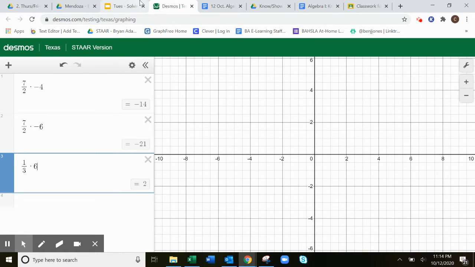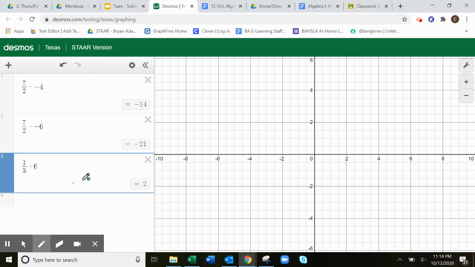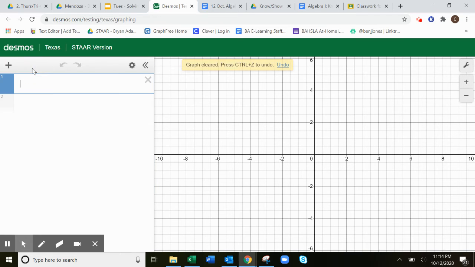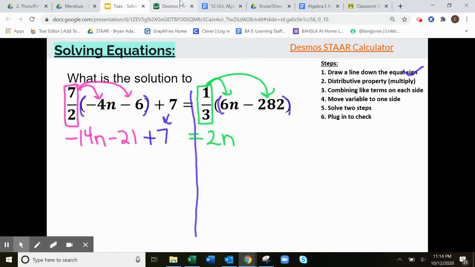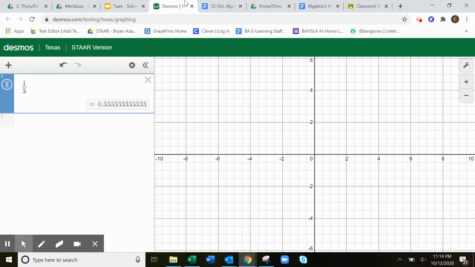And so we get that it is positive 2. And then we have 1 divided by 3 times negative 282. We get that it is minus 94.